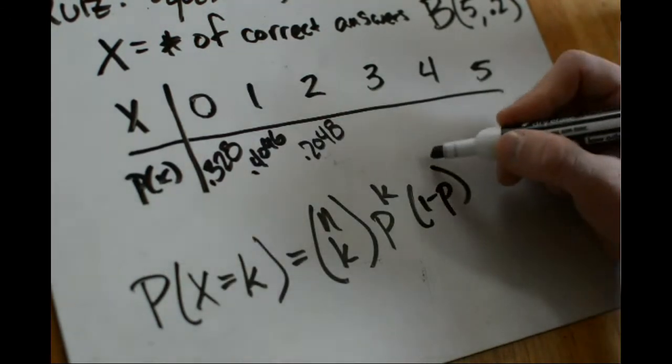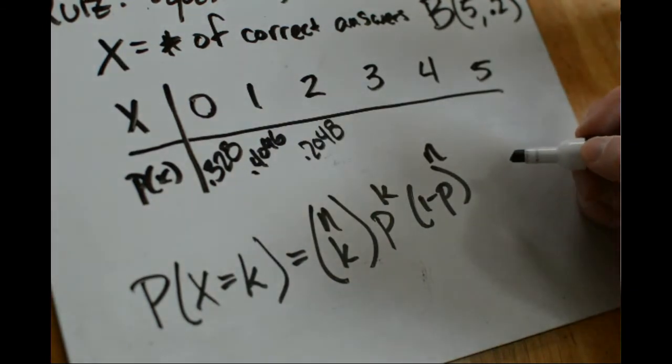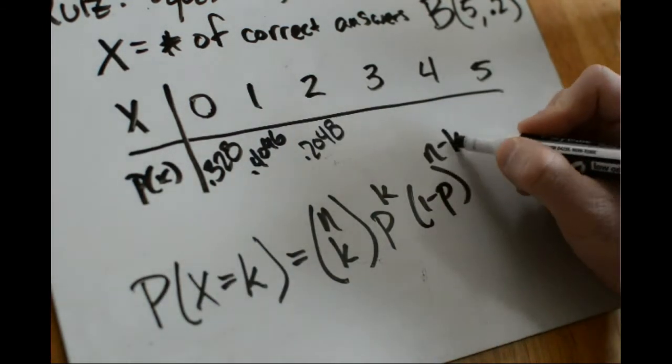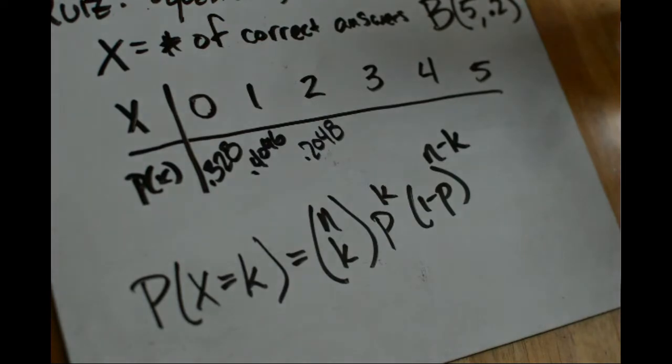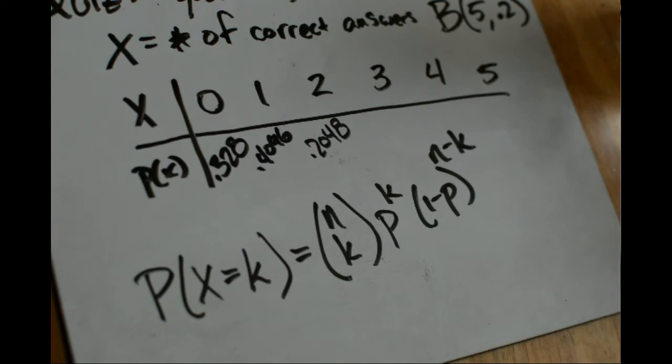Well, if we had started with n trials and k of them were successes, then n minus k would all have to be failures. So this right here is the binomial probability formula.